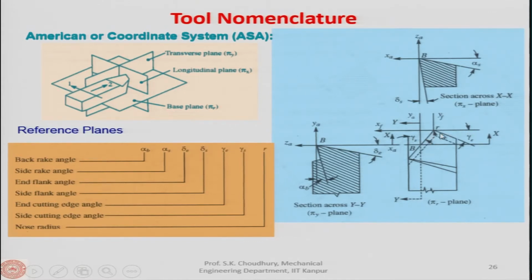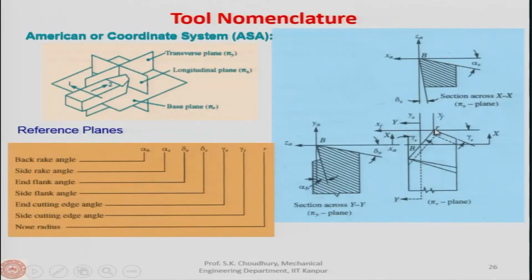And when the angle is with respect to the x axis, this is the end cutting edge angle with the auxiliary cutting edge. So, once again, the principal cutting edge and y axis make the side cutting edge angle, and the auxiliary cutting edge and x axis make the end cutting edge angle. So, this is another set of angles, the cutting edge angles. So, 3 sets of angles: rake, flank and cutting edge angles.